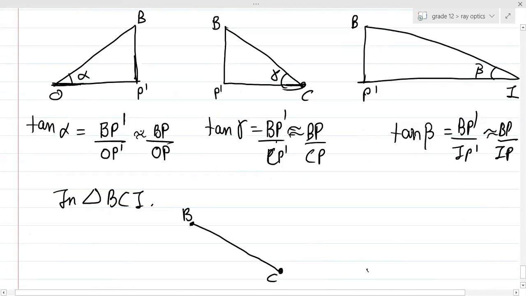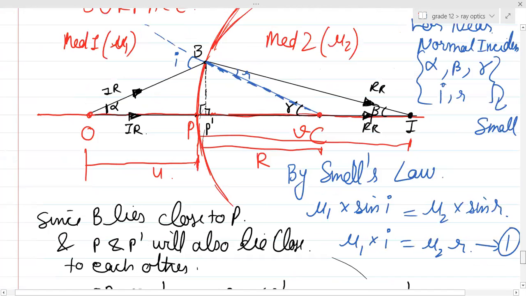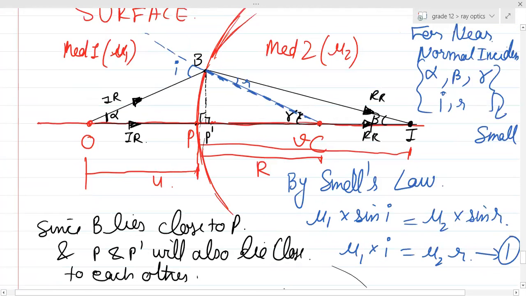B, so it looks like this. This angle was beta, and if you remember, this angle was gamma, right? Can you see this angle is gamma and this angle was beta, BCI? And can you see this angle is R?